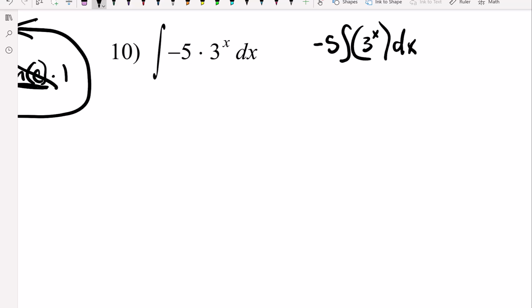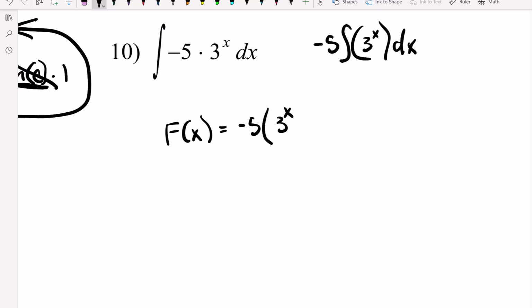So we're integrating 3 to the x. So we're going to do the multiplier. And then to integrate 3 to the x, well, remember, when you have an exponential, it's the original times the natural log of e.